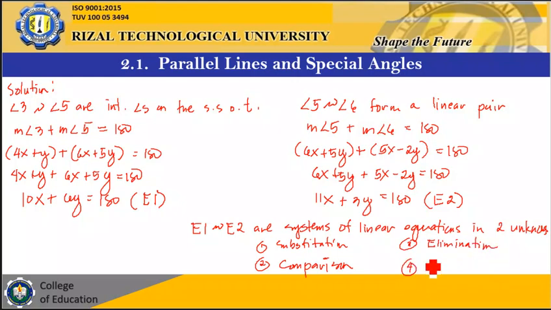And of course, Cramer's rule. So for the sake of recall of your lesson in college and advanced algebra, let's use all these methods in solving for the value of x and y.